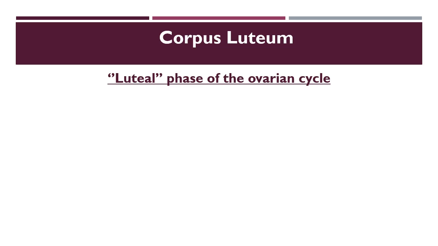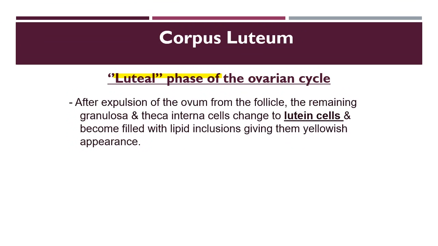And that is the characteristic of the second phase of the ovarian cycle, which is called the luteal phase of the ovarian cycle. So the theca interna and the granulosa cells will change into lutein cells, which become filled with lipid inclusions, which will give them a yellowish appearance.